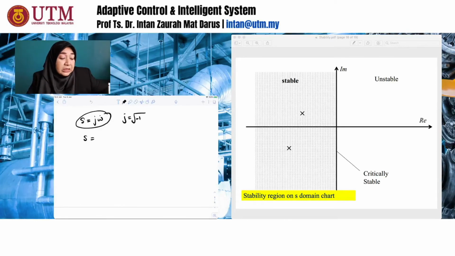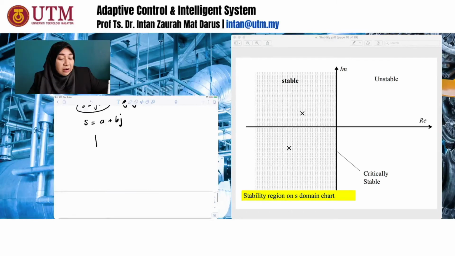For example, if I write s equals a plus bj, it's a complex number, right? With the real value a and the imaginary value b, I can plot the graph for my s in what we call the s-plane diagram, where I plot imaginary against real. So for a positive value of a, let's say it's here, and b is the imaginary value of your graph, so it's there.